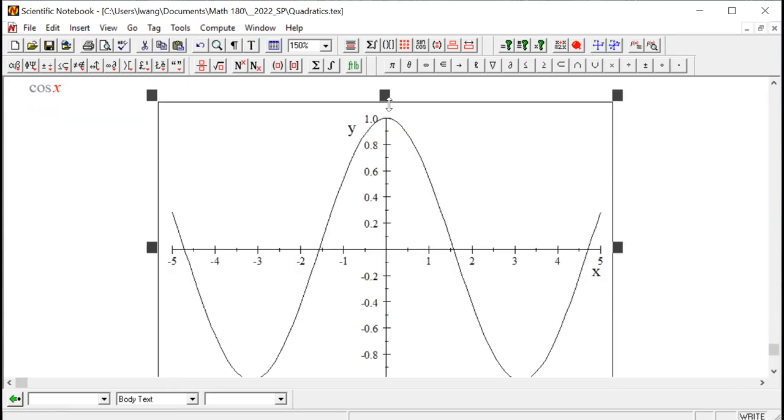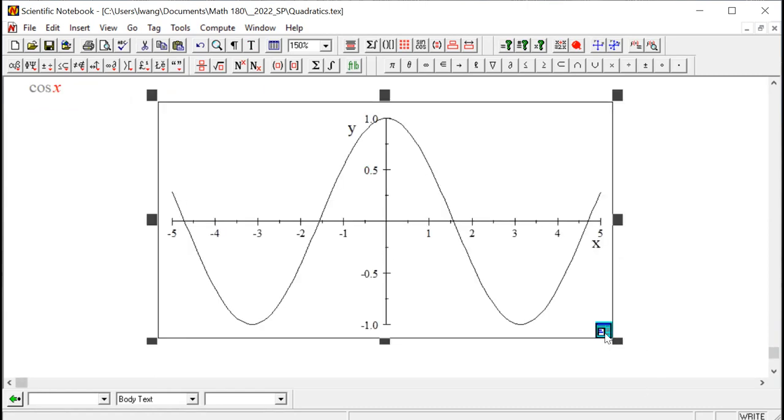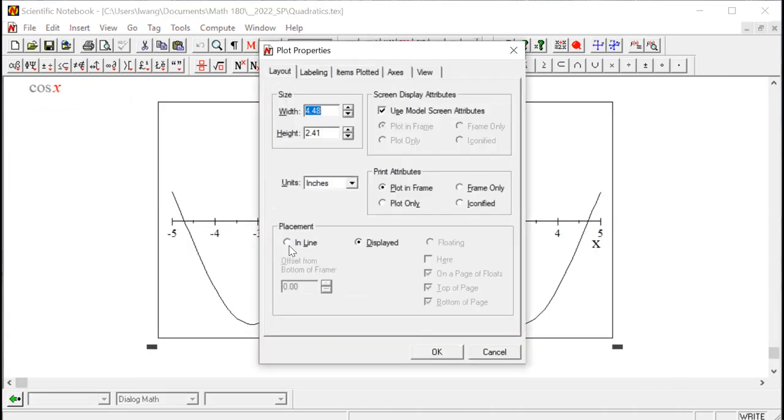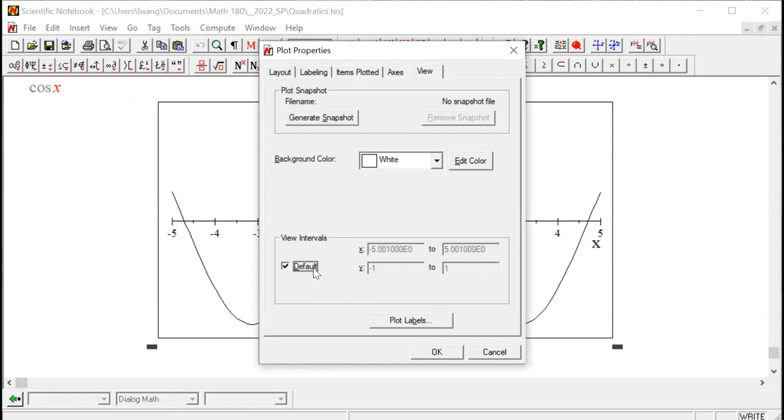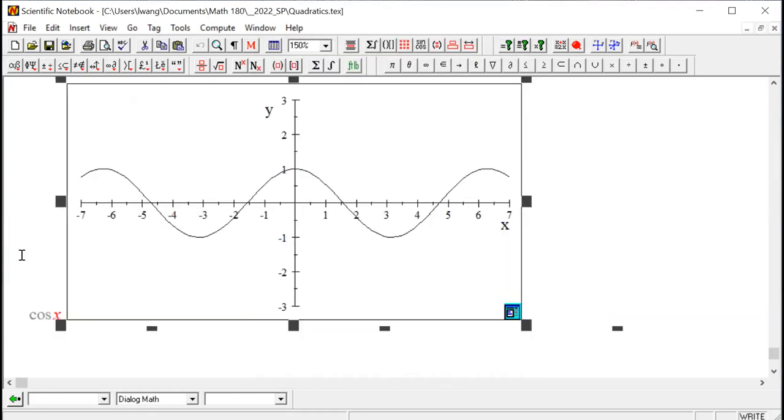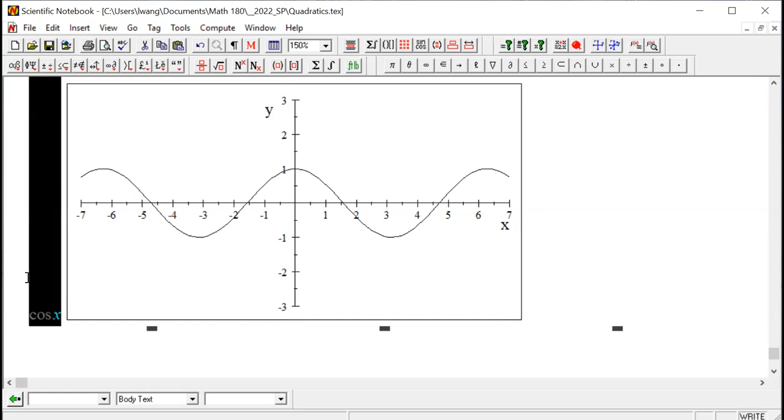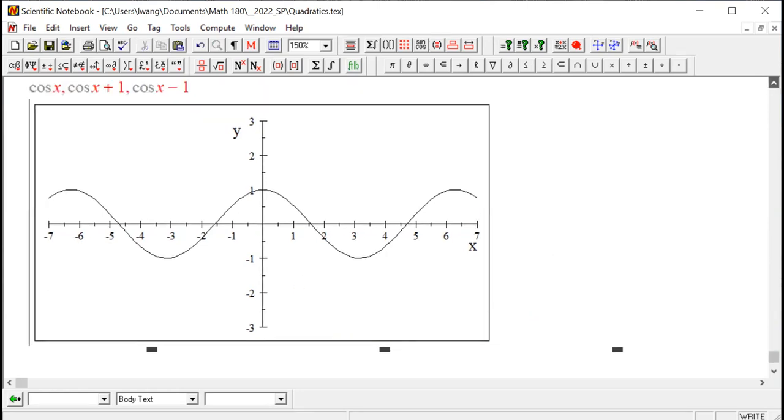Boom. In modern times, the graph is at our fingertips. Okay, this is cosine x. What happened to cosine x plus 1? The entire curve is lifted up by 1 unit.